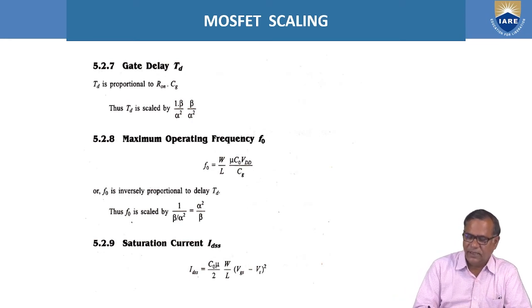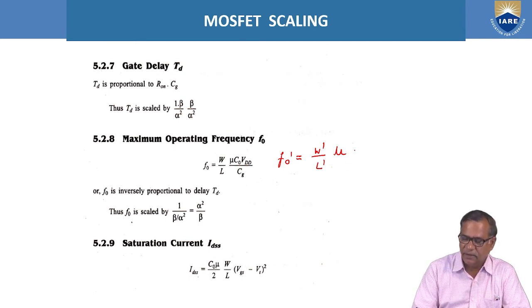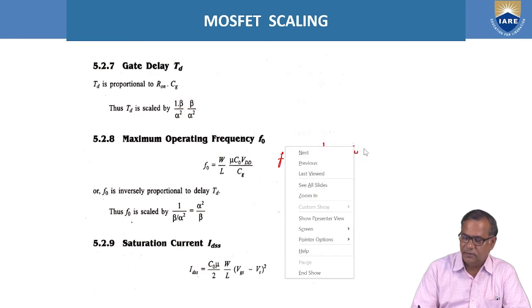So when you do the scaling, F0 becomes F0 dash, and W becomes W dash, L becomes L dash. Mu, the mobility of the charge carrier, does not change with respect to scaling. But C0, the unit area gate capacitance, increases by a factor beta.